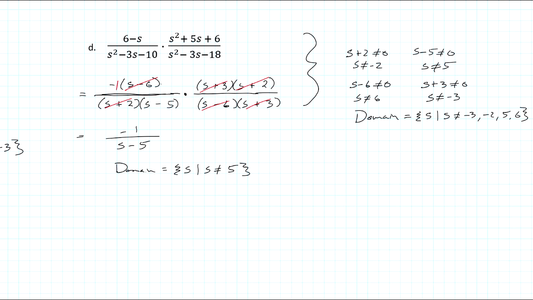And the other domain restrictions are now gone. So the simplified form and the original form are equal unless s is one of the other numbers: negative 3, negative 2, or 6.